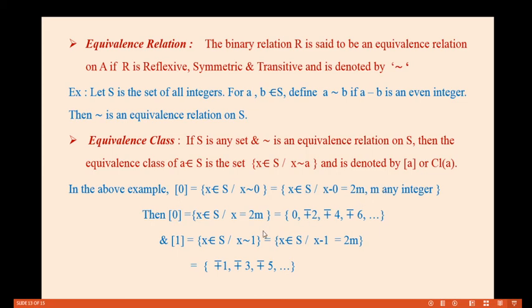Therefore x is equal to 2m, means all the multiples of 2 you have to consider, they form the equivalence class of 0. Similarly, if you consider the equivalence class of 1, then it is given by x is equal to 2m plus 1, means all odd integers are to be considered, and this is nothing but the equivalence class of 1.